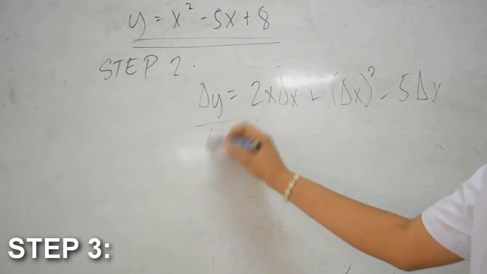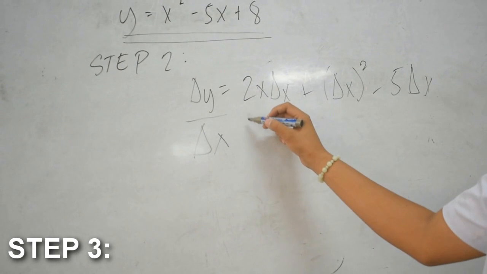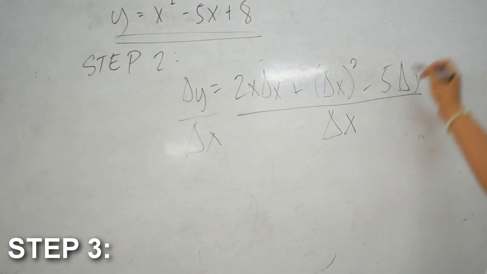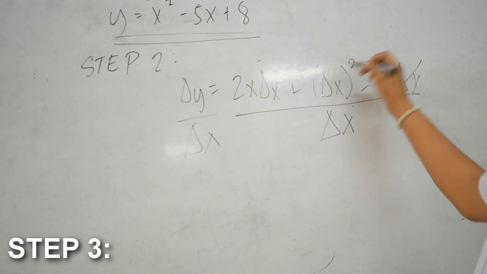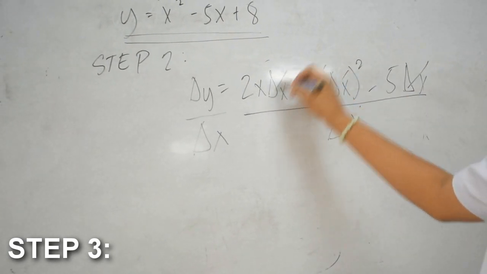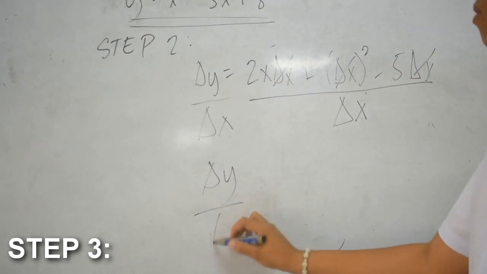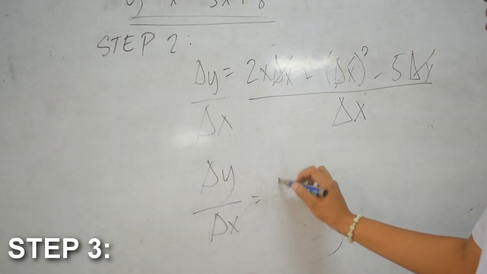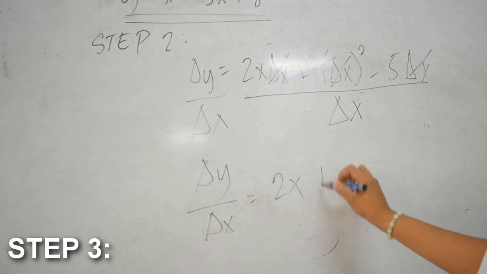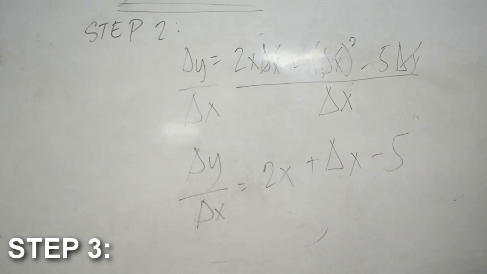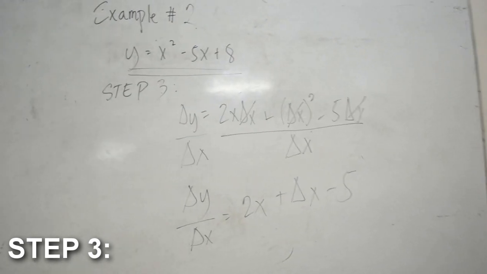Step 3. Divide both sides of the equation obtained in step 2 by delta x and then simplify. Then we have delta y equals 2x delta x plus delta x squared minus 5 delta x. Divide both sides by delta x. Then the answer will be delta y over delta x equals 2x plus delta x minus 5.